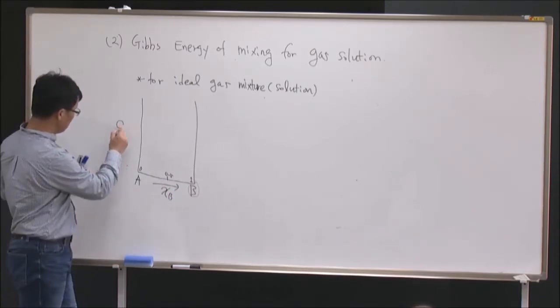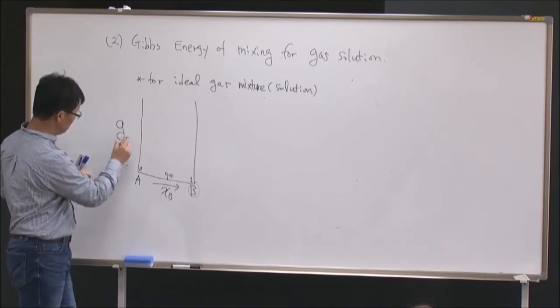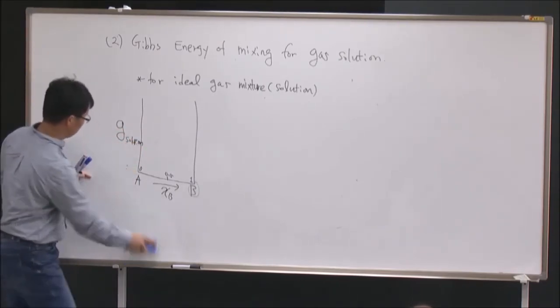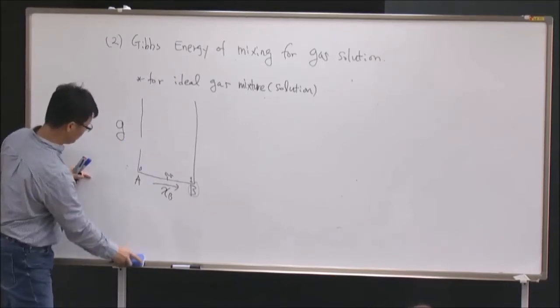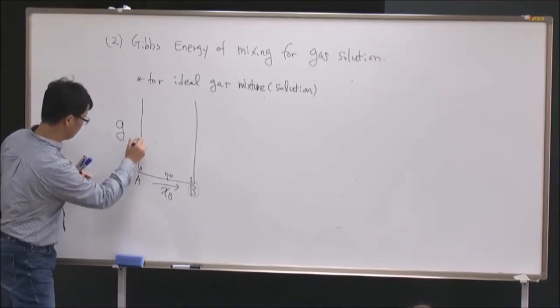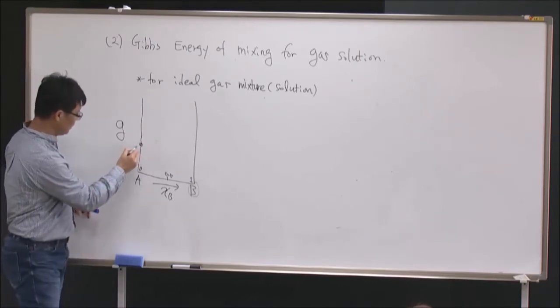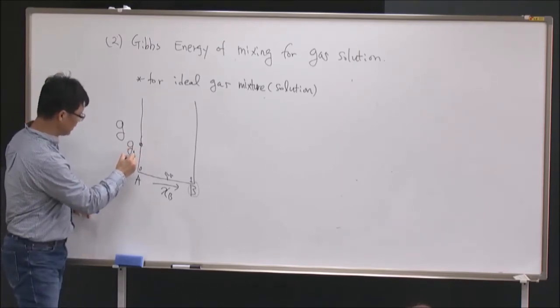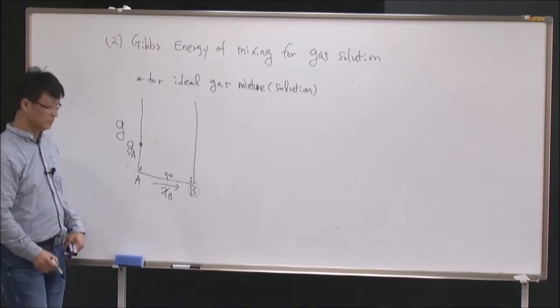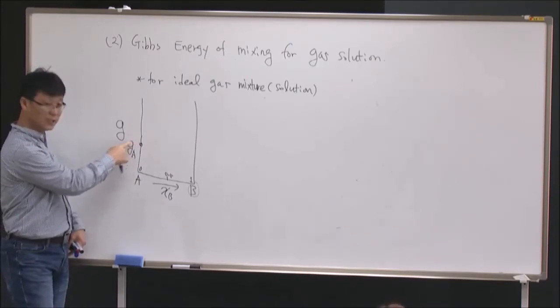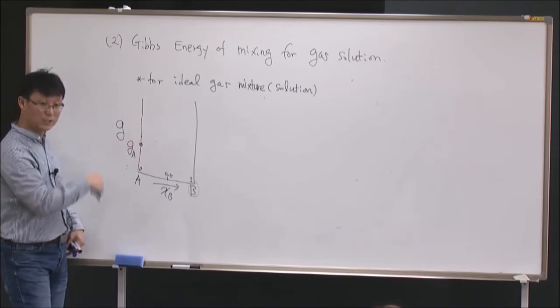Then let's take this one as the Gibbs energy of the solution, or typically people say Gibbs energy of the gas phase. So this part here is the Gibbs energy of the A gas phase. I cannot say this is standard state because it may not be 1 atm.